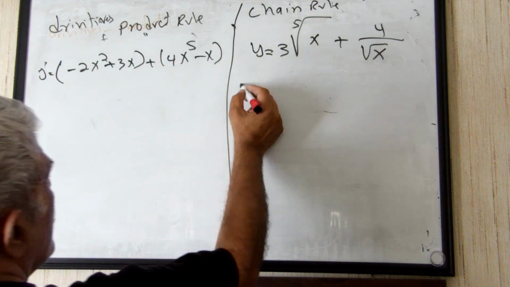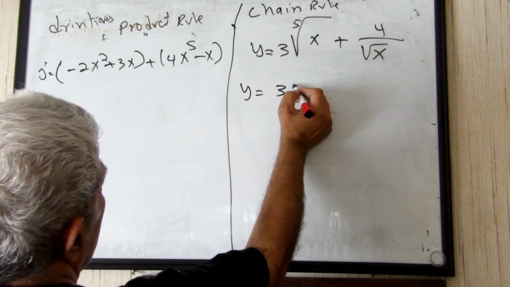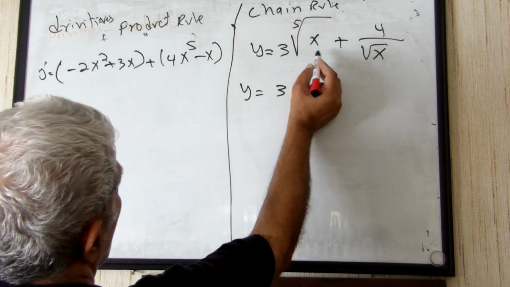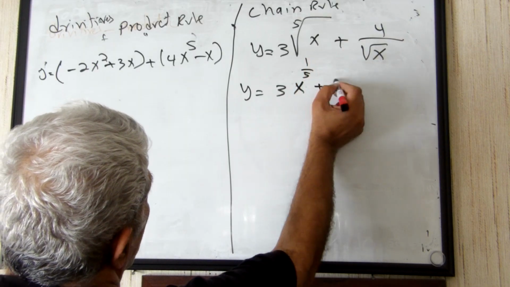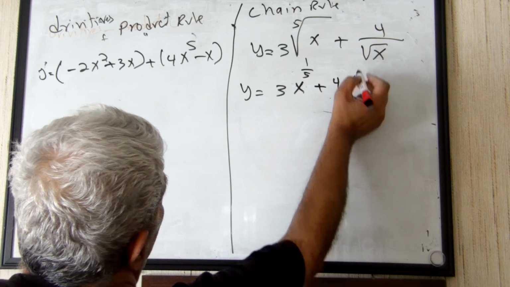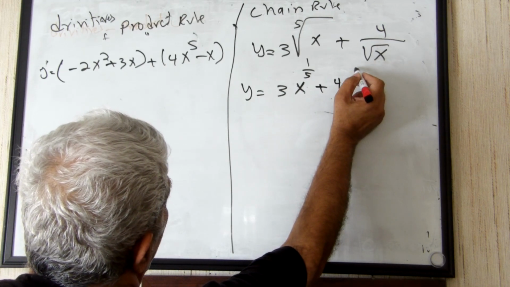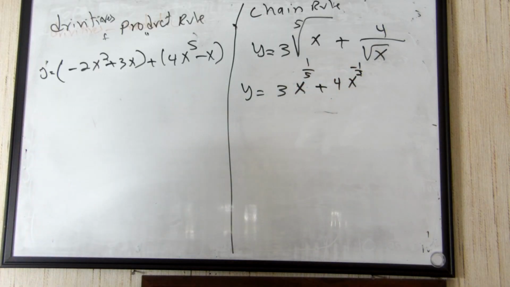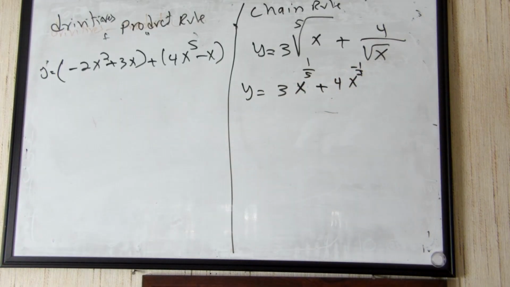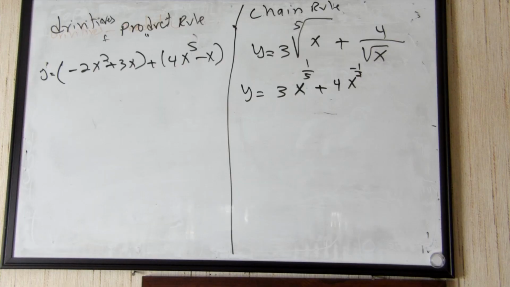Okay. Let's write this one. We write this one as 3 times x to the power of 1 over 5, because we can write it this way, plus 4 times x to the power of minus 1 over 2. Okay, when it goes to the numerator, it's going to change the sign.